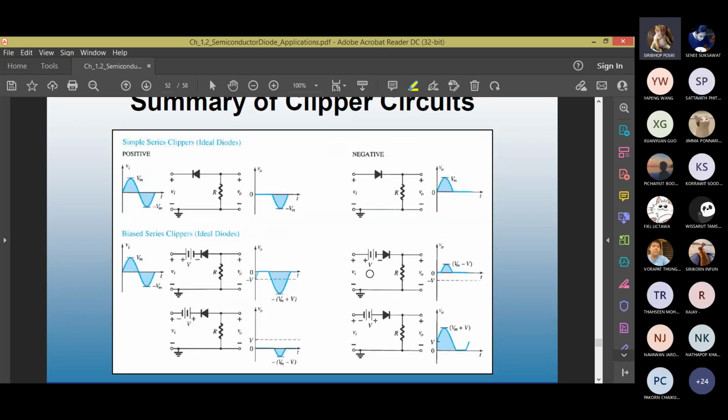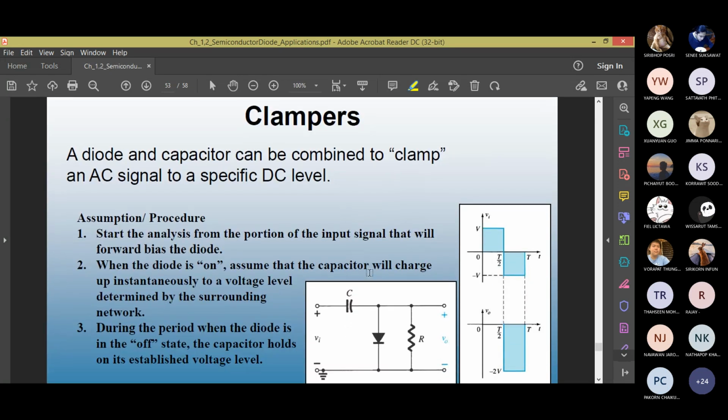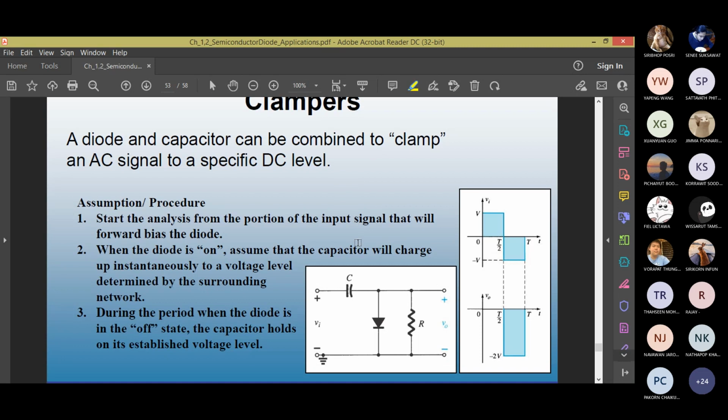Clipper circuit, clamper. What's a clamper? The meaning of clamping is to shift. Clipper circuit and clamper circuit, fundamentally they're different. How? In the clipper circuit you have the input voltage, and then you have the diode, and then you have a load which is represented by a resistor.